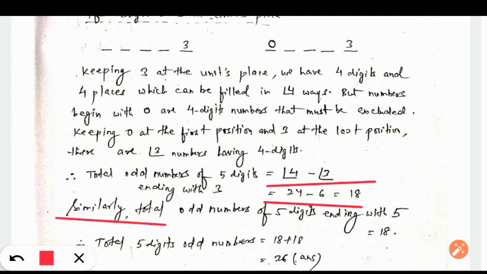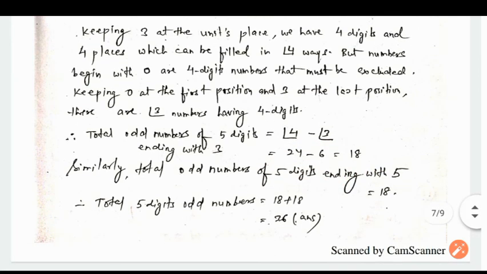Similarly, total odd numbers of 5 digits ending with 5. If I change the last digit 3 to 5, nothing will change. We get the same count of 5 digit odd numbers, so the total odd numbers of 5 digits ending with 5 is equal to 18.